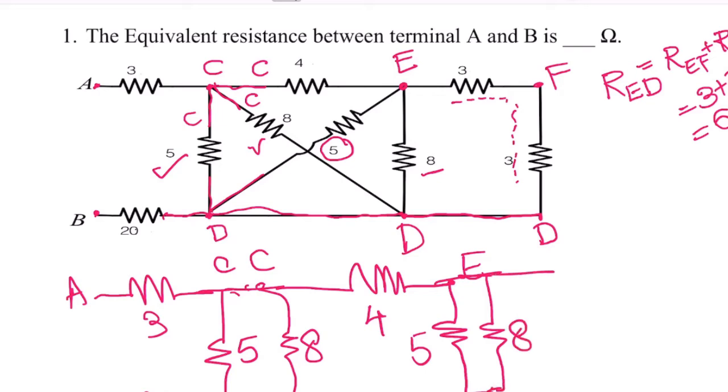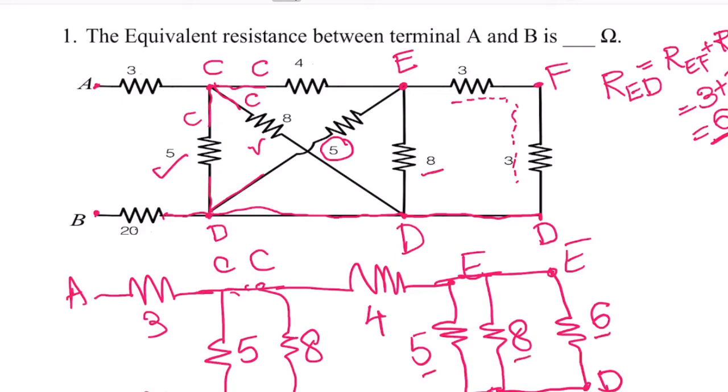What about these? Already you have calculated, across E and D the resistance is 6 ohms. Now if you look at the E point and D point, there are 3 resistors, 5, 6 and 8.